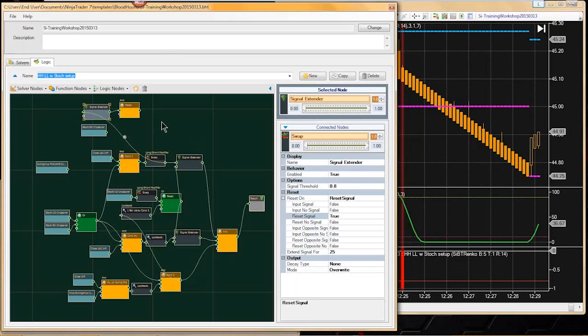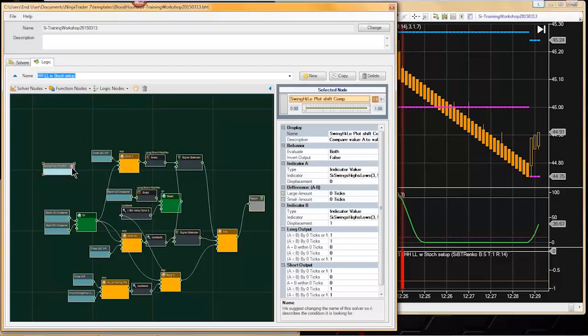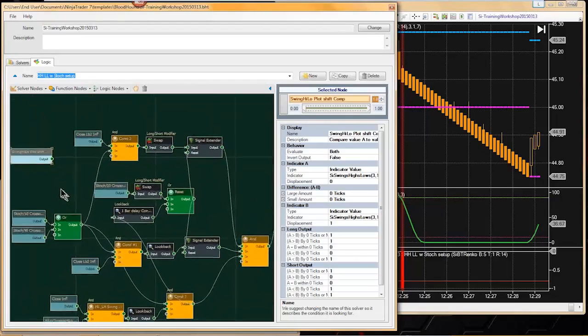So we tested various reset logics, and just seeing the bigger picture of walking through getting something built, I hope that helps you broaden your understanding when you're looking at putting together a system. So, all right, now I'm just going to go through and delete these unnecessary solvers here.